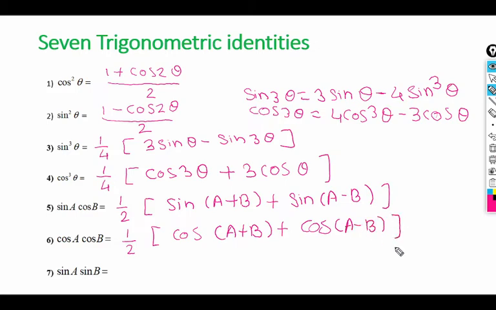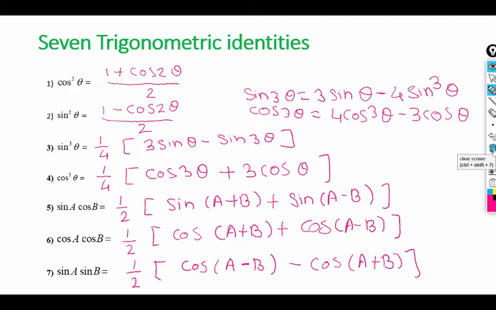And the last, sin a sin b is 1 by 2 times cos of a minus b minus cos of a plus b. This way you should remember the 7 formulas of trigonometry, which we require in converting multiplication into addition. So that is about the first set.